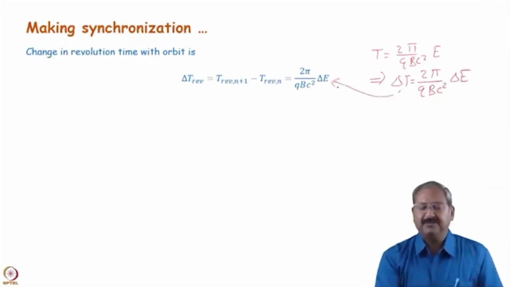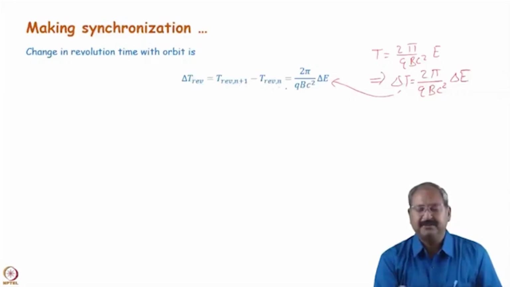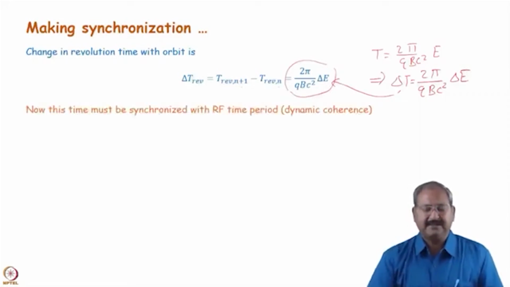So delta T revolution means change in revolution time in consecutive orbits, say the nth orbit and the n plus 1th orbit. What is the change in revolution time over consecutive orbits? This is given by this formula. Again, delta E is the energy gain in the RF cavity when the particle passes through it.